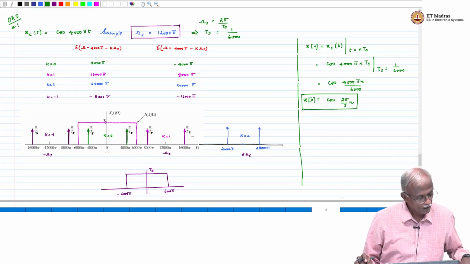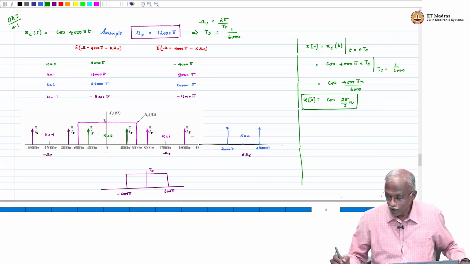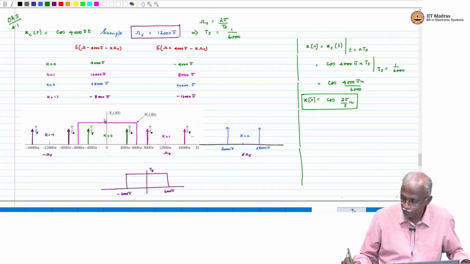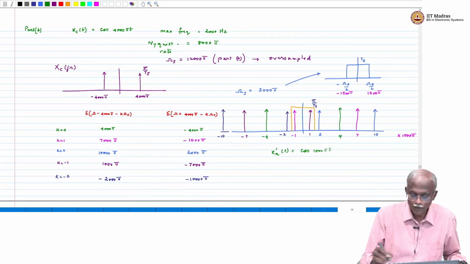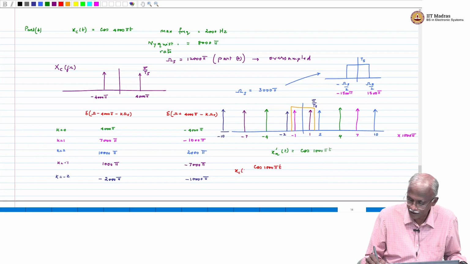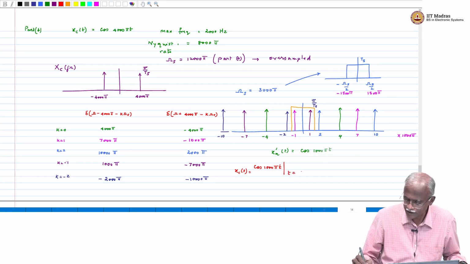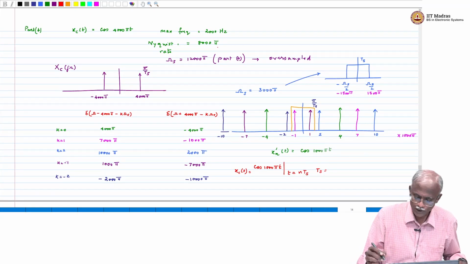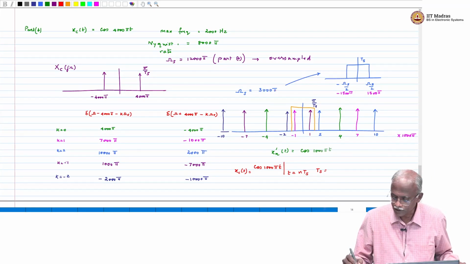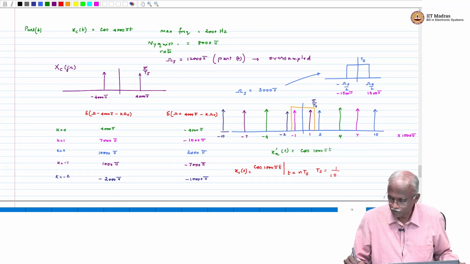Now, what I want you to do is come to this signal and say that if I have cosine 1000 pi t, this is my continuous time signal, and I am going to sample this at t equal to n Ts, where my sampling frequency is 3000, so Ts is going to be 1 over 1500.